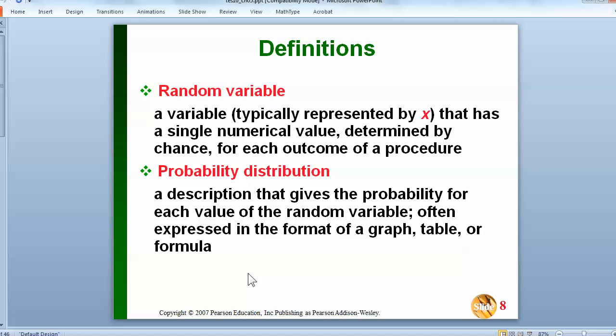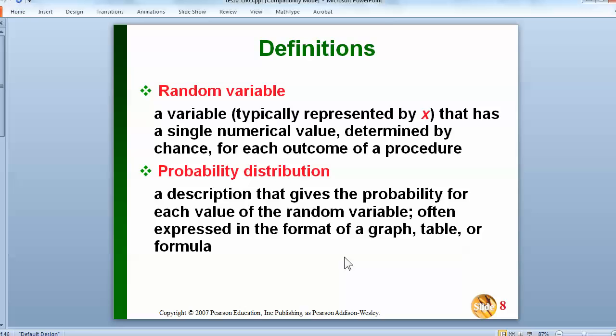In both cases, there are the basic requirements for the probability distribution, and that is that the data values appear by randomness. There's some element of chance for their occurrence, and their probabilities fall between 0 and 1, the total of all of the probabilities adding up to be 1.